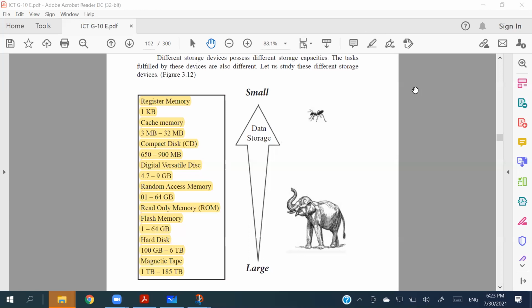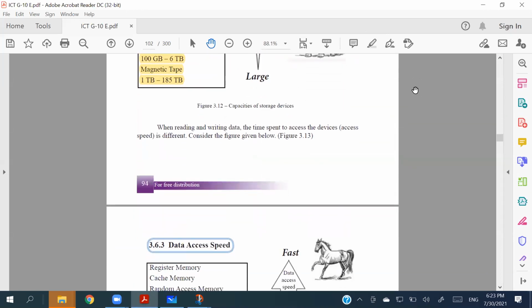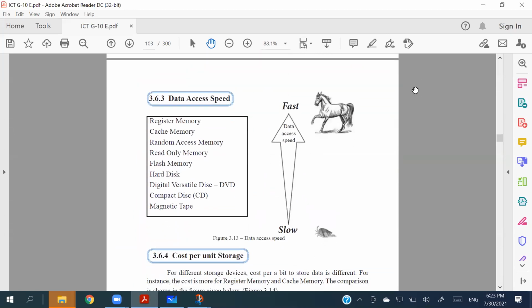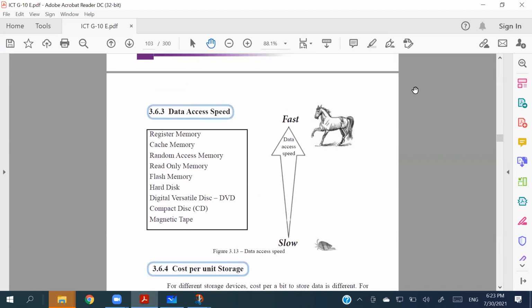All right. So the next part is about the data access speed. Data access speed means how fast the data can be getting to these storages, right? So the lesser the time, the more speed, or faster, right? When we are considering that, register memory has the largest access speed.